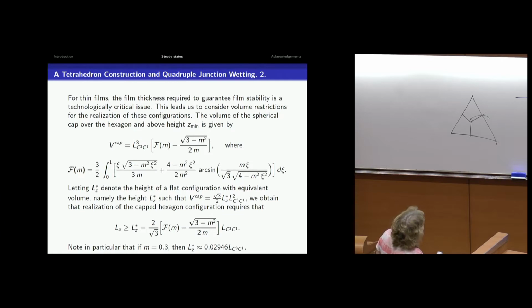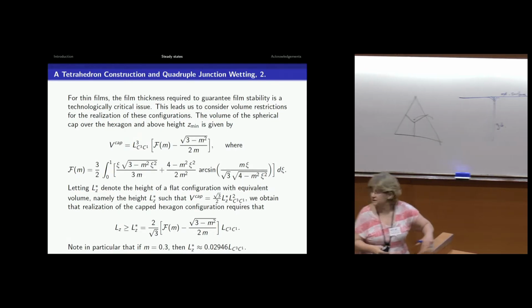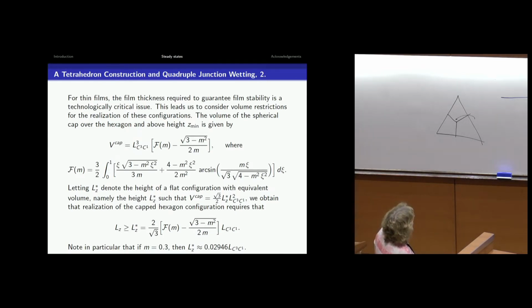One then wants to know what can you say about these. If you don't want the bottoms to go through the system, otherwise you don't get these spherical caps because they're already going through the system. So there's some minimum for a given size triangle, meaning the given size side of the triangle.